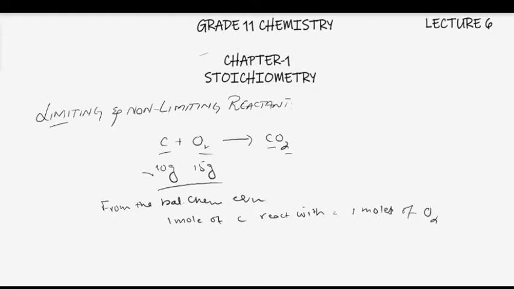Now what are we given? We are given 10 grams of carbon. So first we have to find out the number of moles of carbon given to us. You already know the equation from which you can find the number of moles, that is the mass in grams divided by the molar mass, that is 12 for carbon.